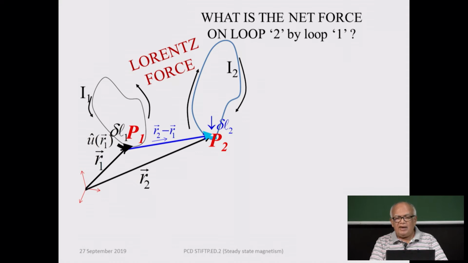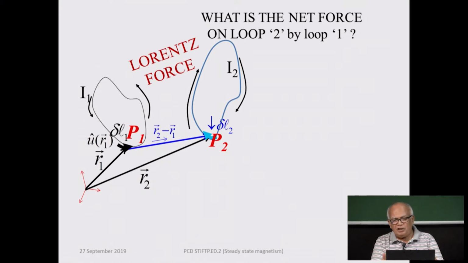And if that is the case, the charge segment or the current segment in the current I2 will experience this force, and this will happen to every segment in the current I2, and the whole wire in which the current I2 is flowing will experience a force because of the magnetic field generated by the current in I1.